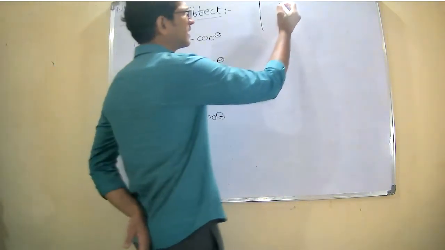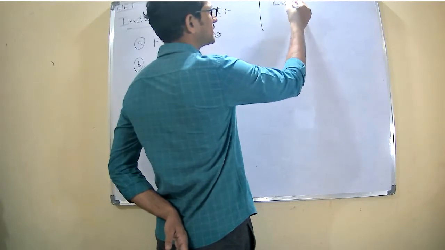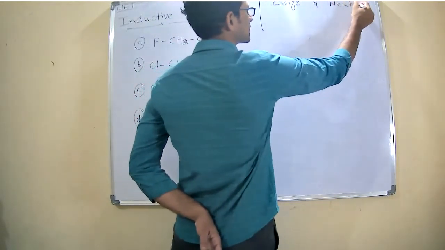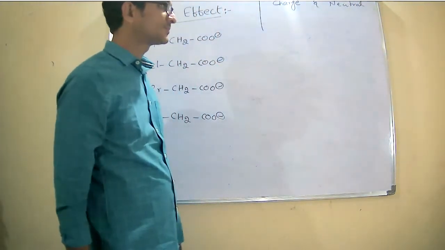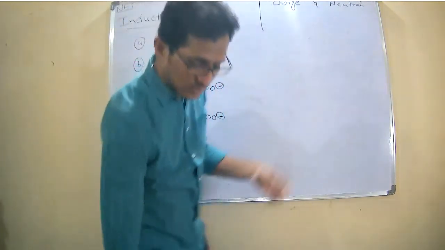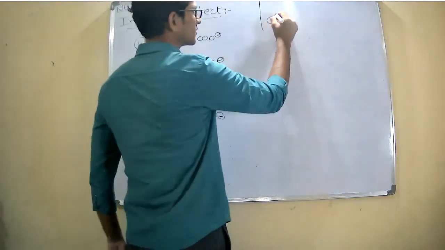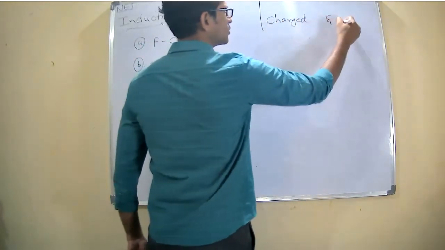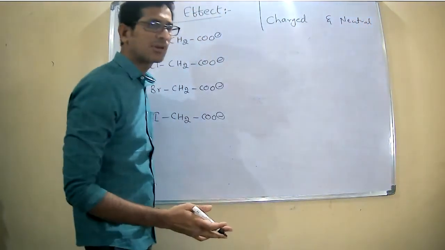Generally, when you compare charged and neutral species, which is more stable?